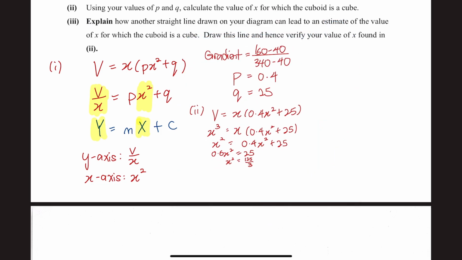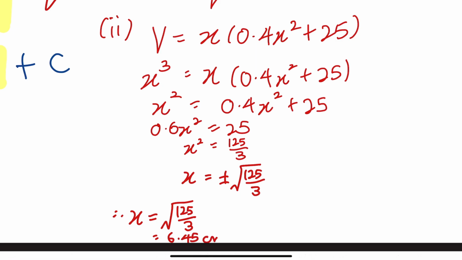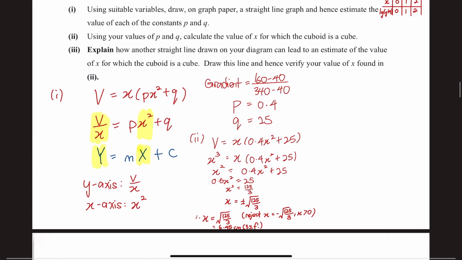Okay, therefore from here, this means that x will be equal to plus minus square root of 125 over 3. Therefore, final answer, x should be equal to square root of 125 divided by 3, which is about 6.45 cm, rounded off to 3 SF. Okay, and I'll reject the negative value. Reject x equals negative square root of 125 over 3 as x is more than 0. Okay, and this is for part 2.